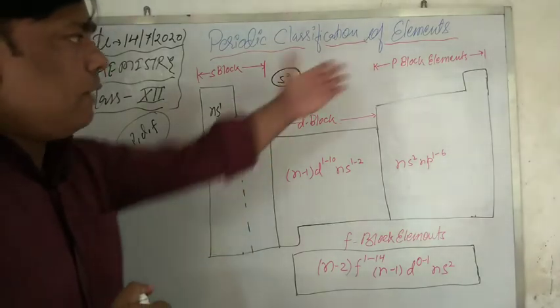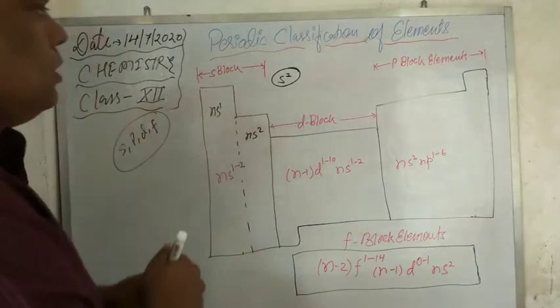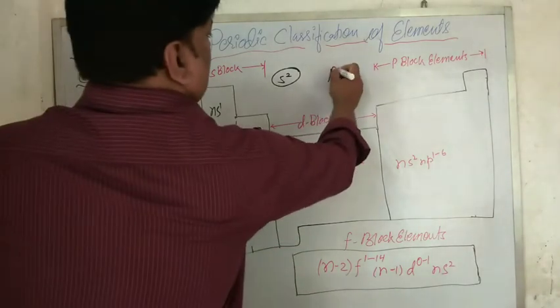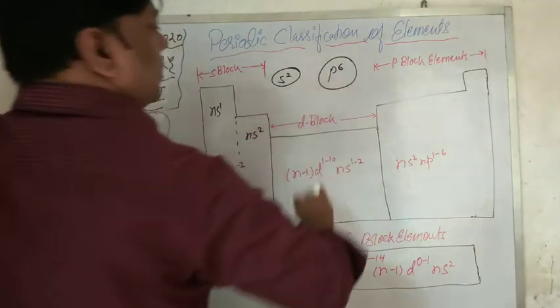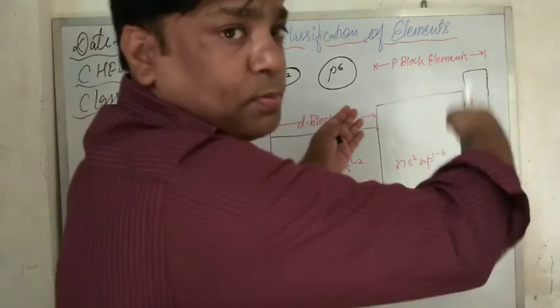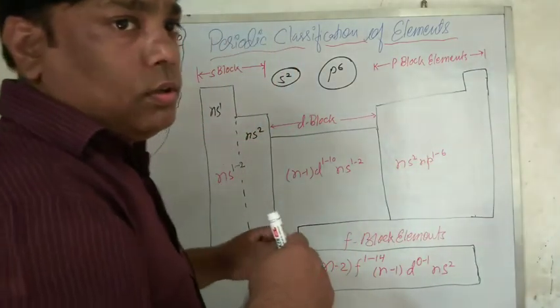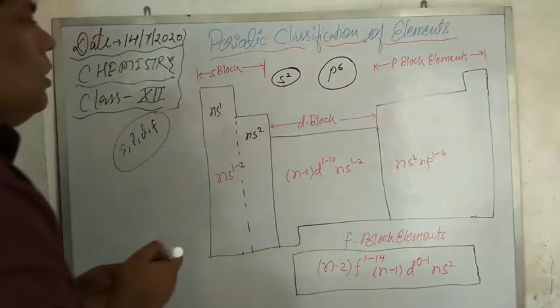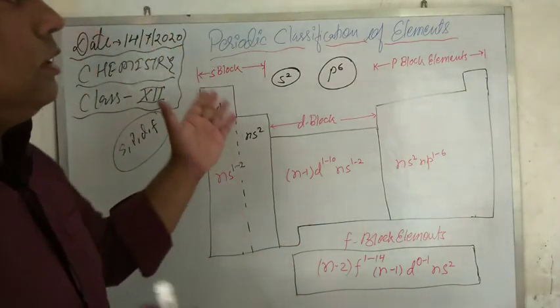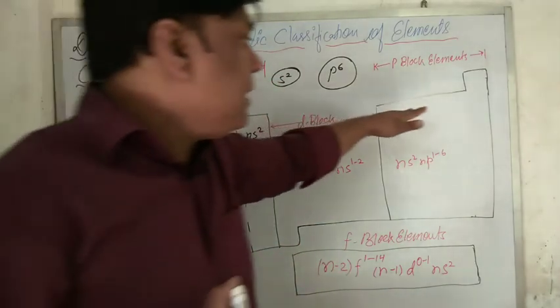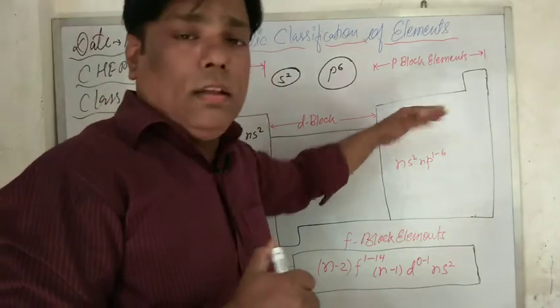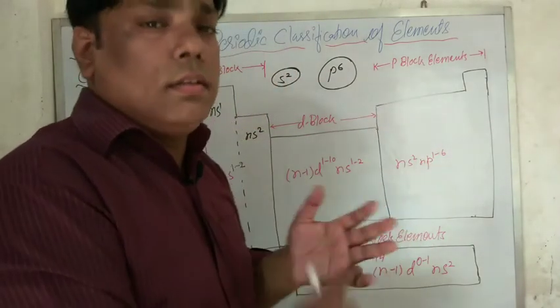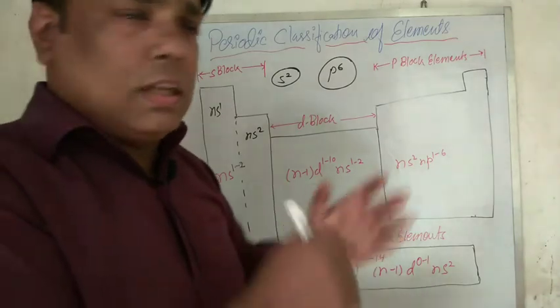Now, our P block. Since the P subshell can contain only 6 electrons, there are 6 groups in the P block. P block elements can contain metals as well as non-metals and metalloids.